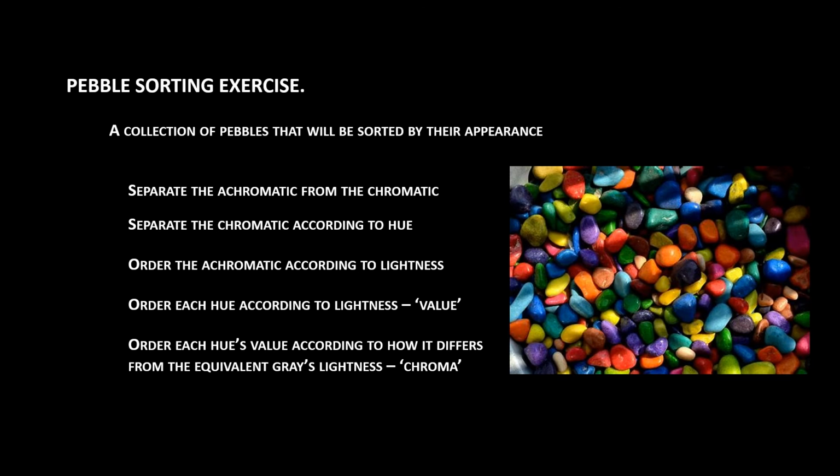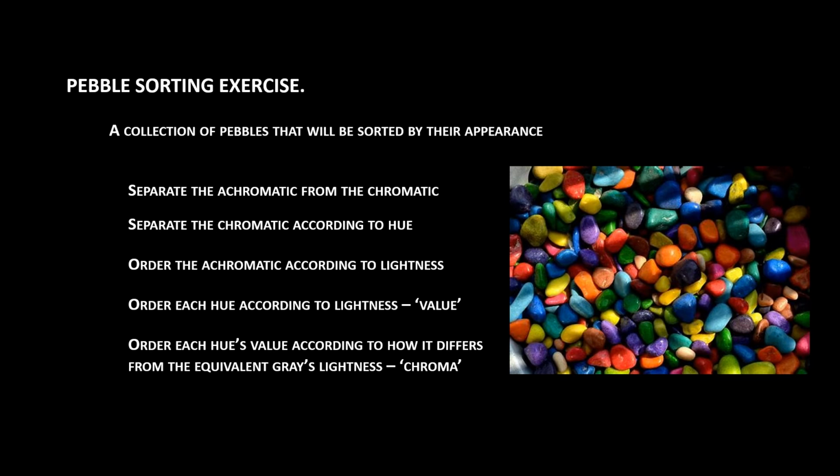They talk of this as the desert island or the pebble sorting exercise. So you begin by having a collection of pebbles of different colors, and they'll be sorted into categories. The first task naturally would be to remove the achromatic pebbles from the pile and sort them according to their lightness or their grayscale, which we'll talk about shortly.